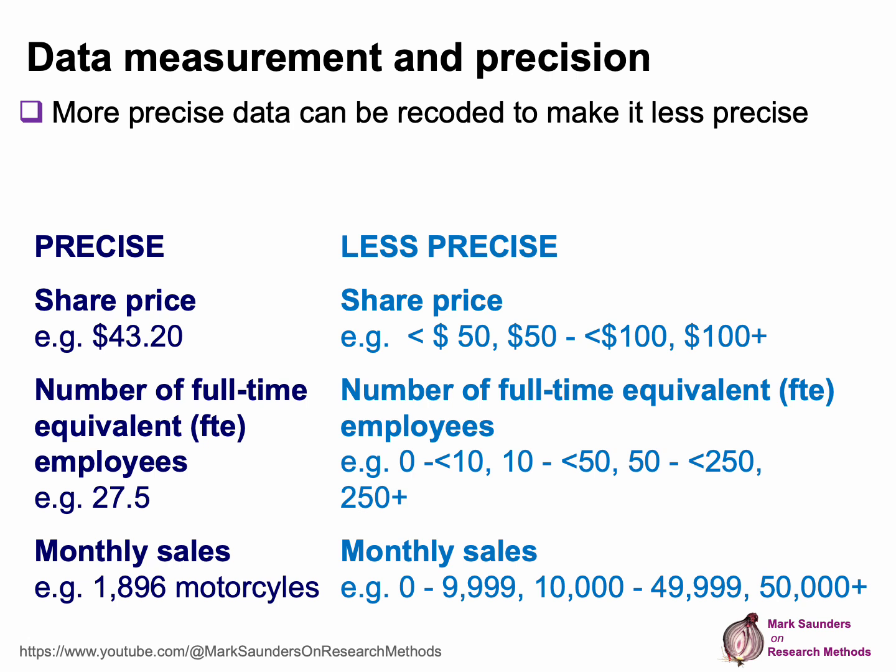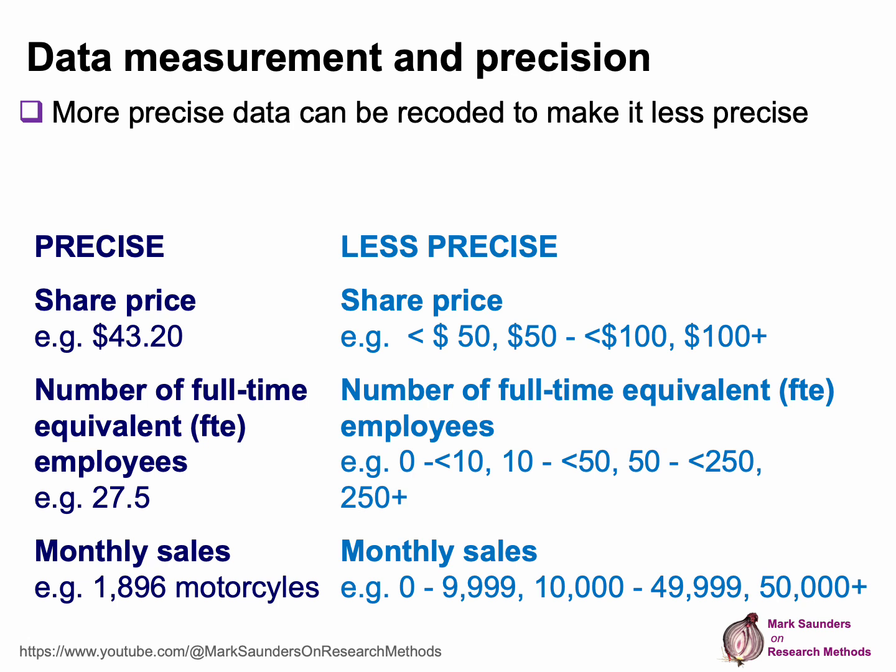Let's now look at less precise measurements of the same data, and in effect what we're doing is we're turning numerical data into categorical data. In this case we're turning everything into ordinal data. So share prices could be grouped as less than $50, between $50 and less than $100, and $100 and over.